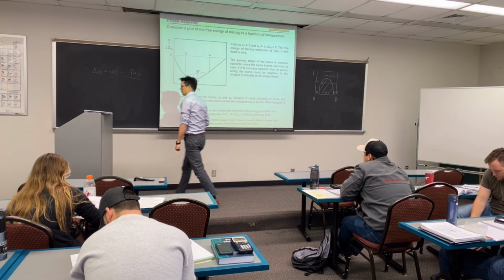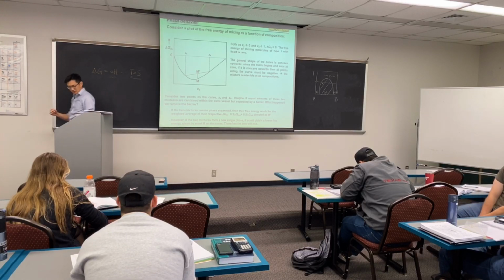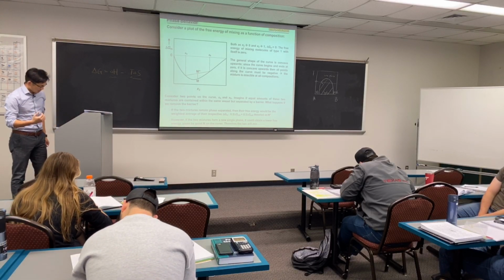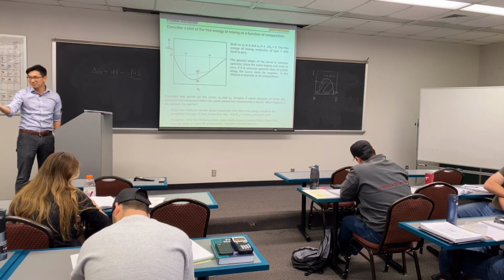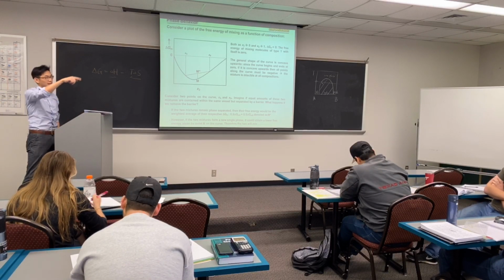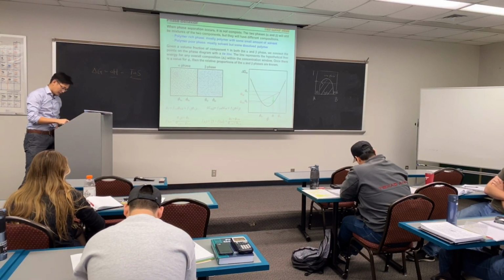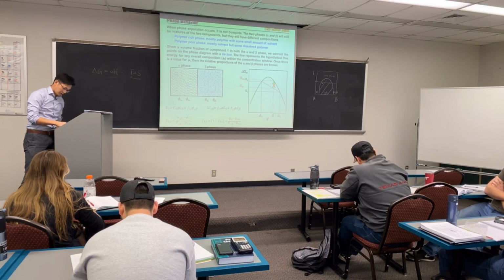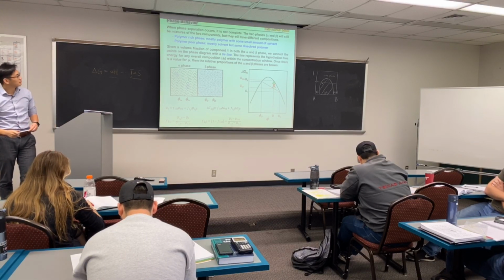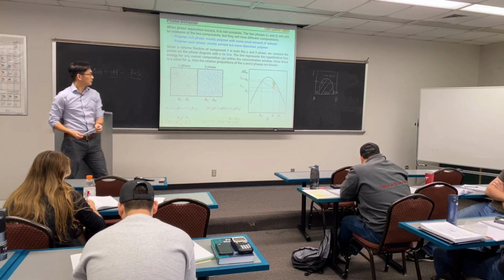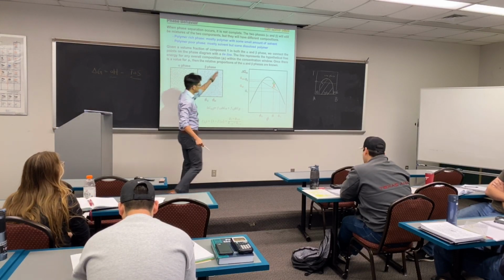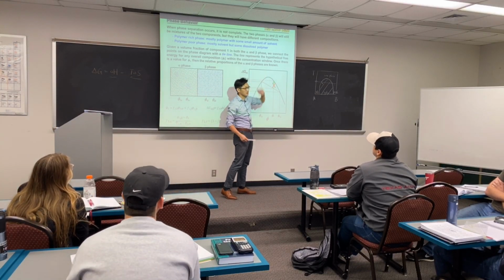What if we have the delta G parabolic reversed, pointing down? Right now, it's pointing up. This we already talked about. Point down. The other one was going this way.